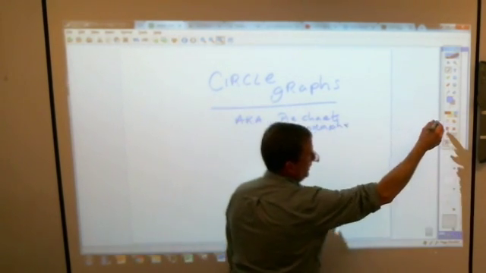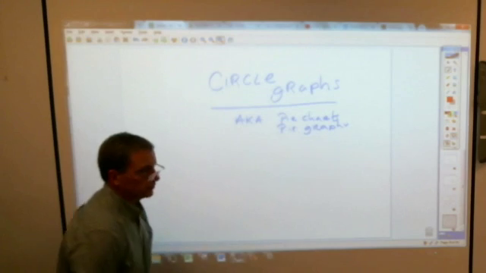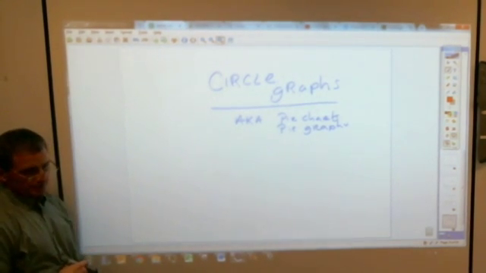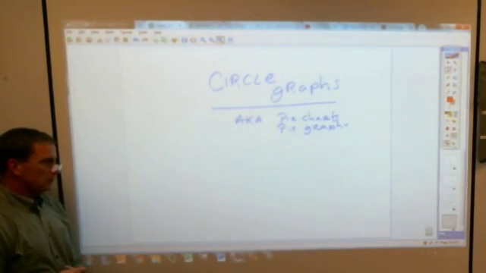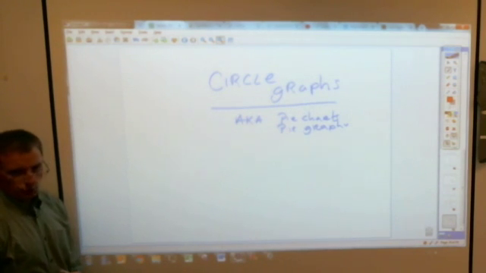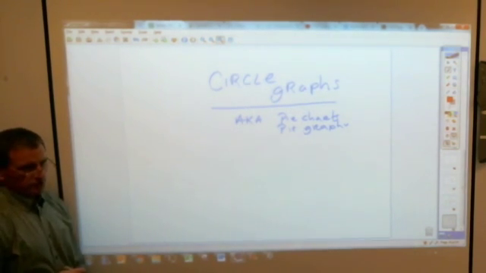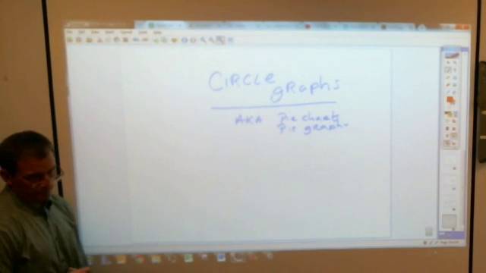Anybody, why and when do we use circle graphs? When is the appropriate time to show pie graphs? What do pie graphs tell you? Why do we use a circle? Why do we not use a bar graph?